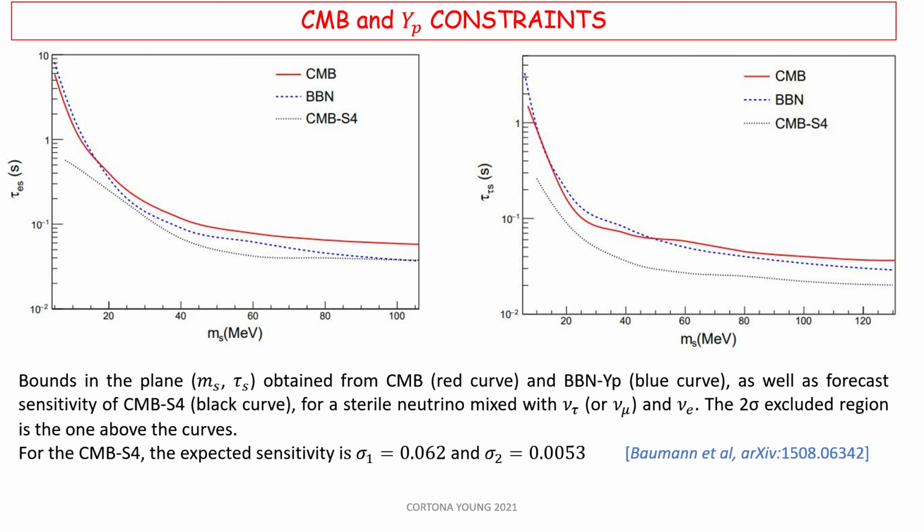We have used the expected sensitivity for this future experiment, and we found that these bounds are, or will be, stronger than the BBN and CMB. So we expect that in the future the CMB S4 experiment will constrain even more the sterile neutrino parameter space.